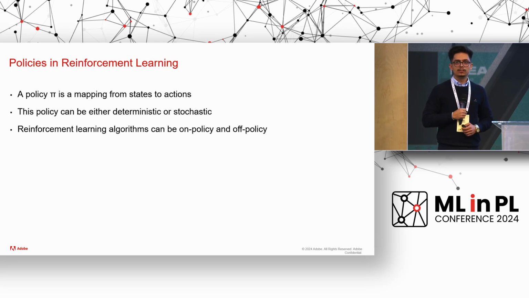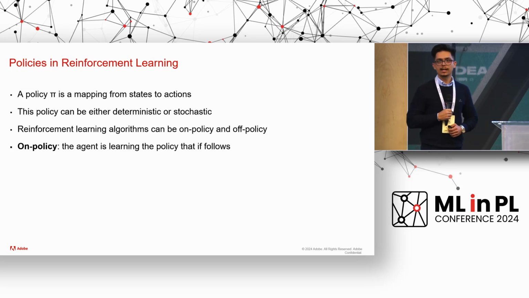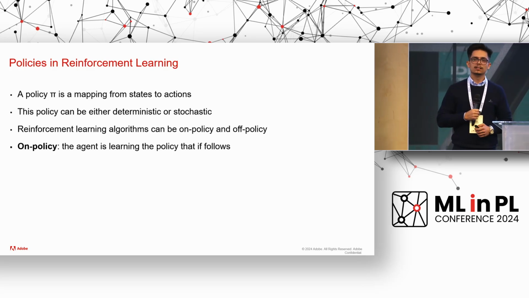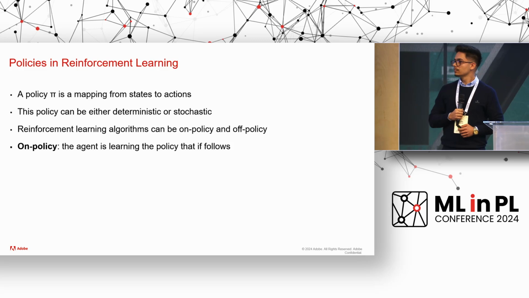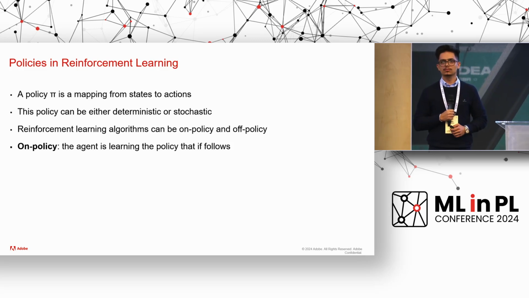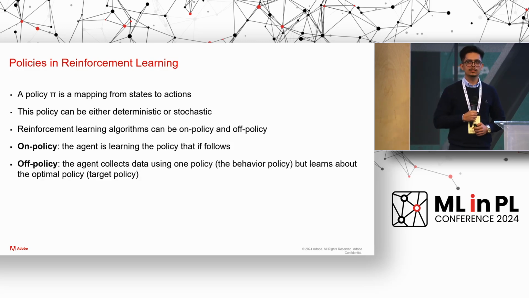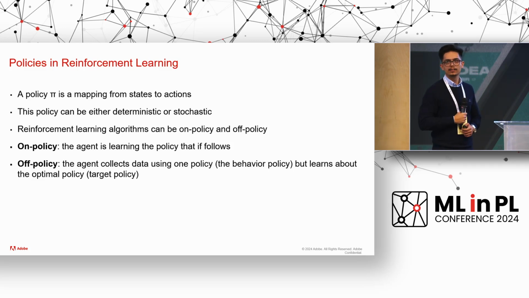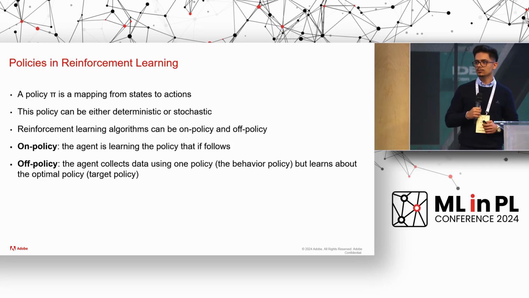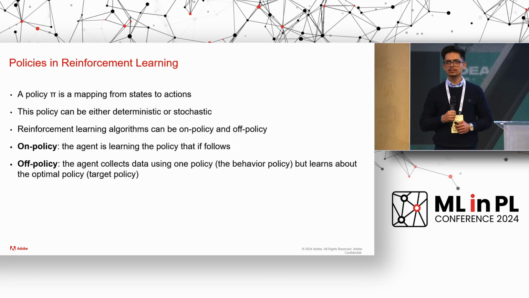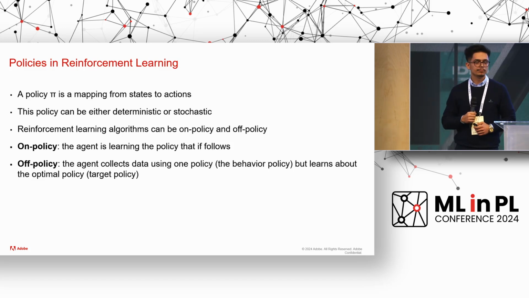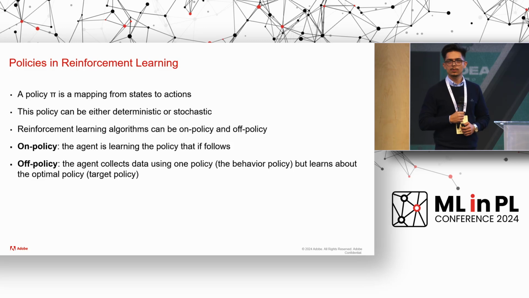And reinforcement learning algorithms can be on policy and off policy, meaning that on policy, the agent is learning the policy that it follows, so it gets updated in real time. And off policy is when there are two policies, basically, and the agent collects data using one of these policies, which is called the behavior policy, but learns about the optimal policy, which is called the target policy.